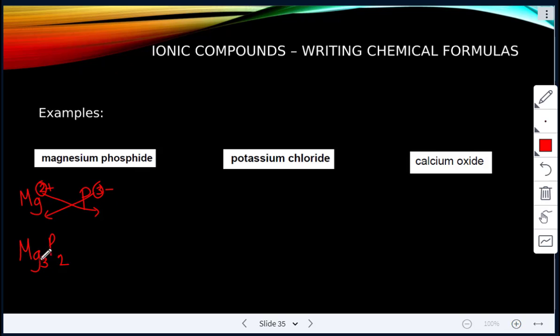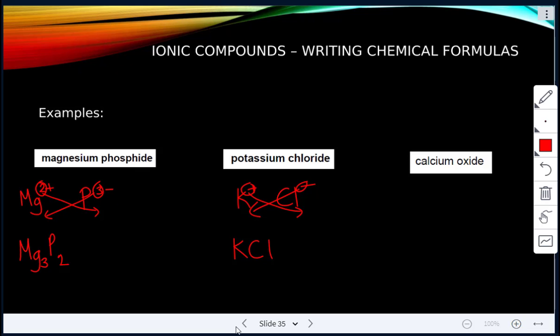Okay, it's very important that they are being written as subscripts. All right, for our next one here, potassium chloride. Potassium is a K plus, chlorine Cl minus. So just crisscrossing the ones there. Because they're just ones, we don't have to write them. So it is just KCl.